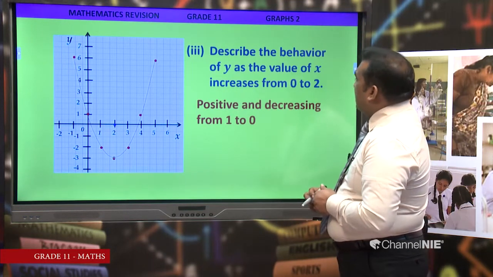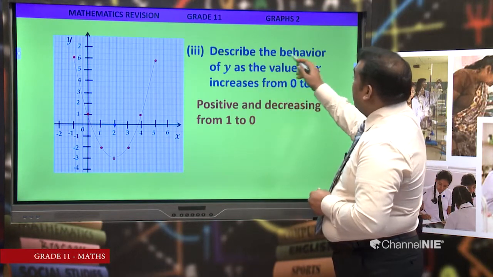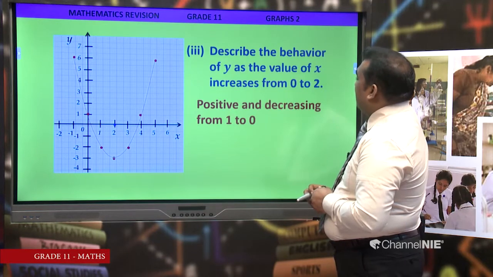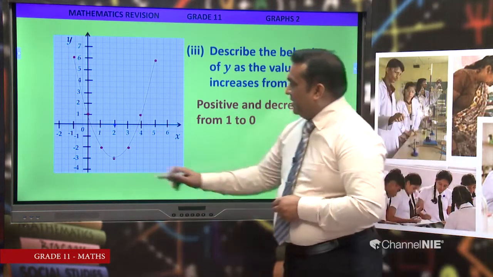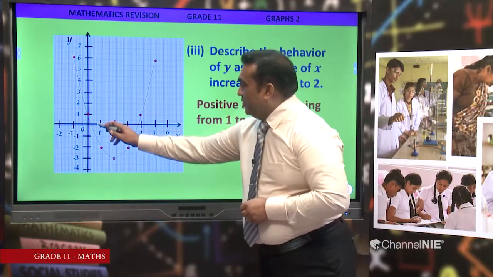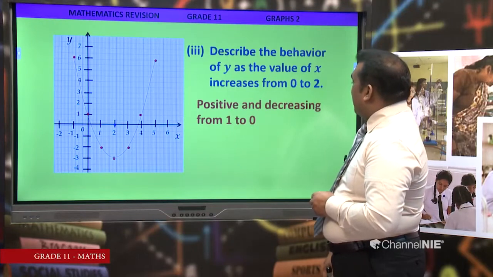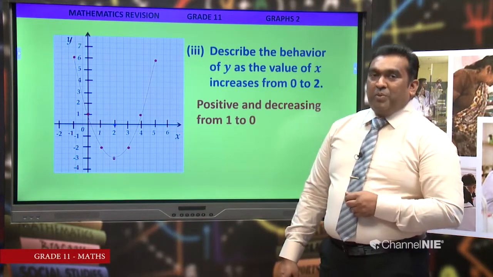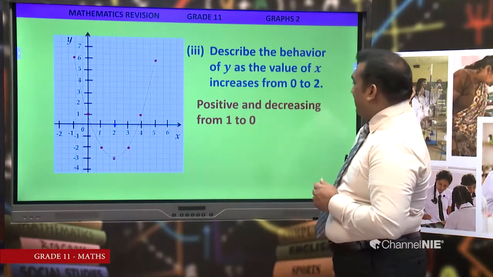How to describe? Here 0, here 2. You can see it is positive and decreasing from 1 to 0.